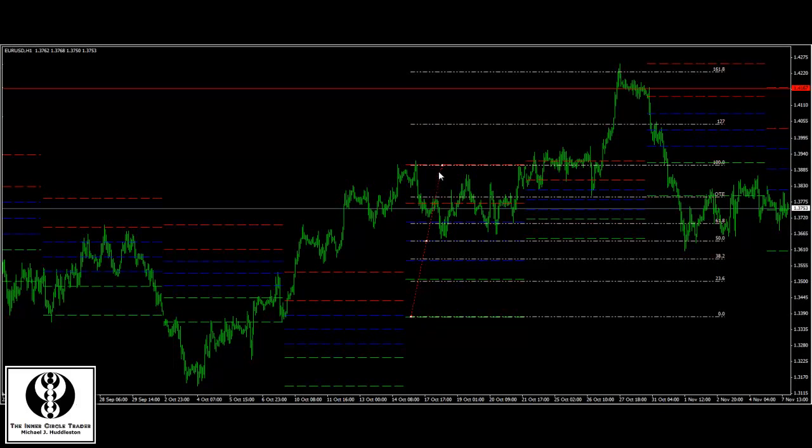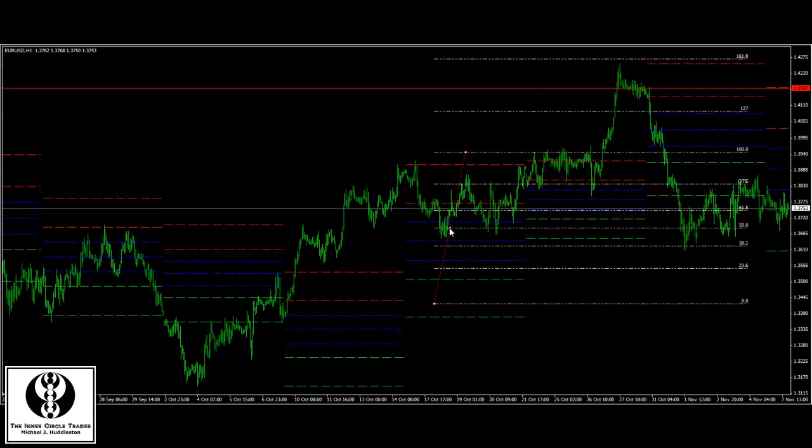Okay, so we're using the high and low on this matrix, on this Trader's Trinity, and there you go. Institutional level 142.20, bingo.